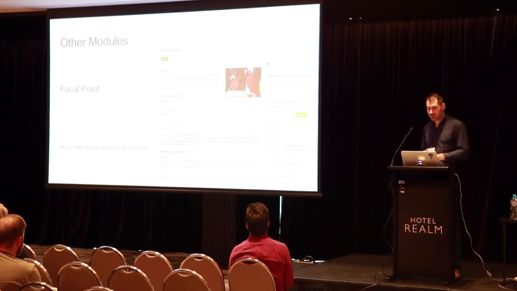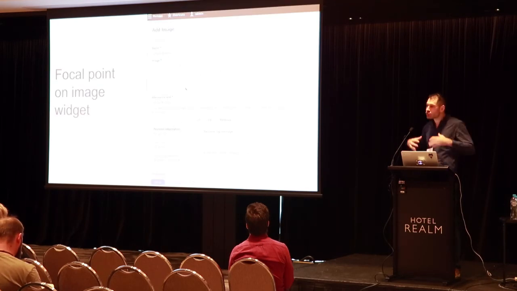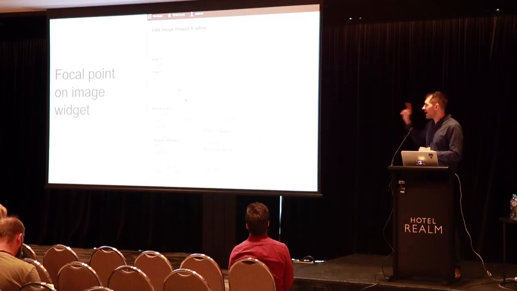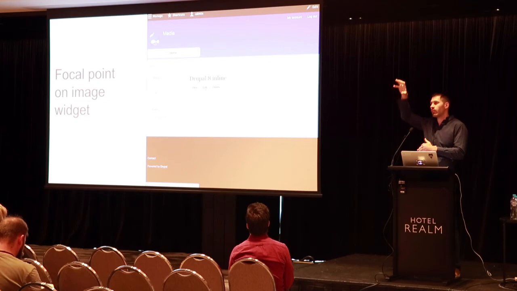Now, another module, which is a bit better to use because it does automate things a lot nicer, is Focal Point. Focal Point allows you to set a focal point of the image, and then Drupal will crop around it. Now, this can be configured at the image style level, but that is hard-coded, so that in the image style, you can always say, okay, crop from the top.